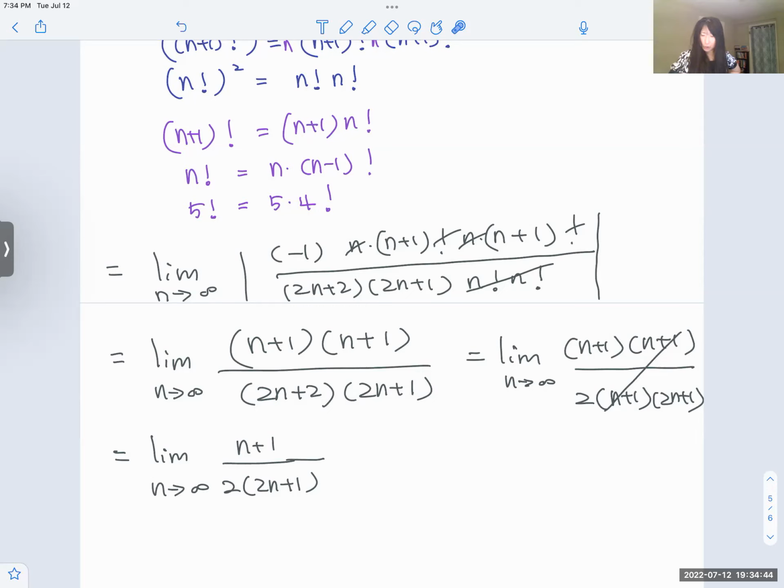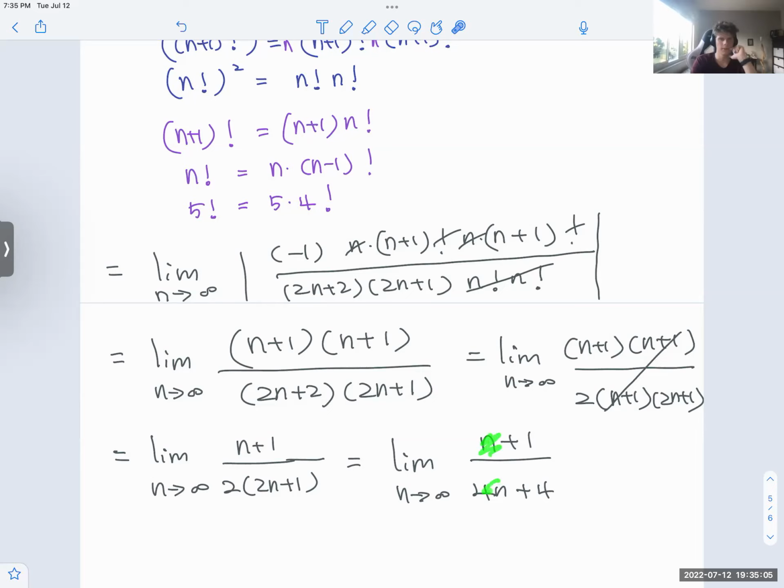Okay, if you don't get it, then how about this? Sorry, maybe we do 4n plus 4. Okay, so now you can get it. This is better. Oh, why do we have 4 plus 4?